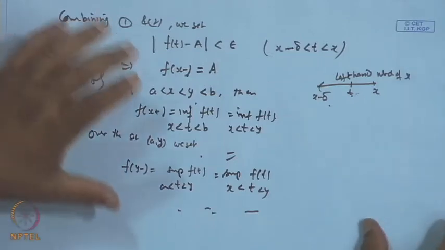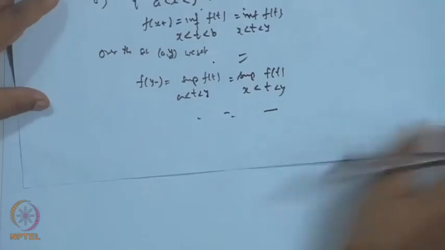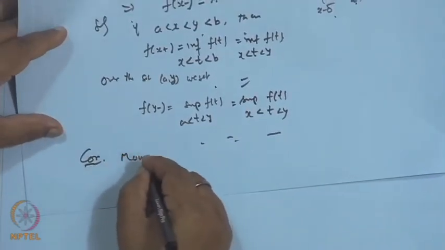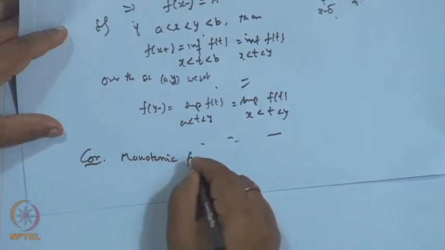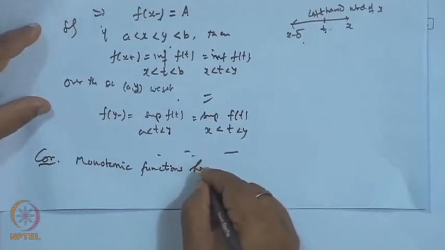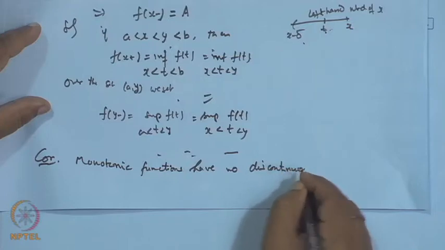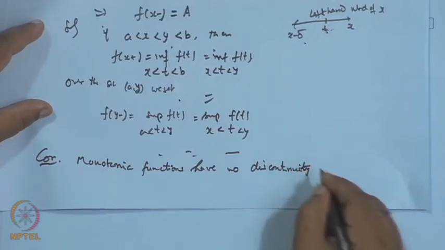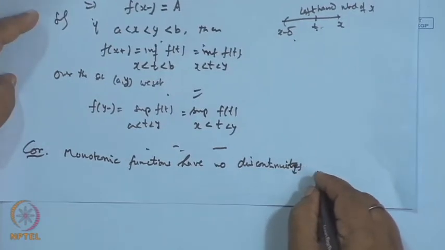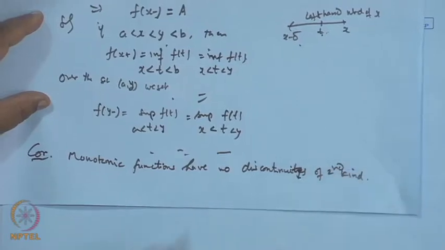So, this result is interesting because the corollary says monotonic functions have no discontinuities of this second kind, where the limit does not exist.